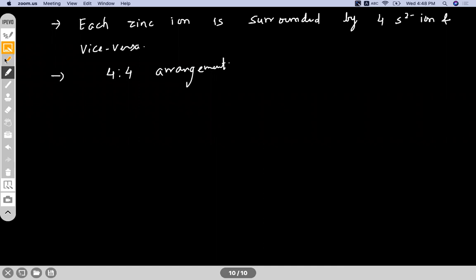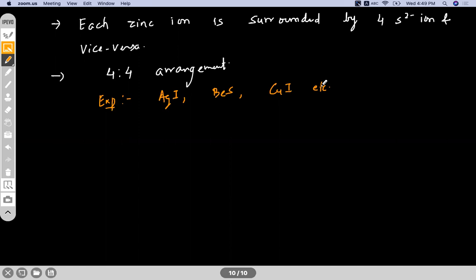Okay, examples for this kind of arrangement. Example is not that important. AgI we have, BeS we have this kind of arrangement. Okay, CuI, etc. One note you write down.